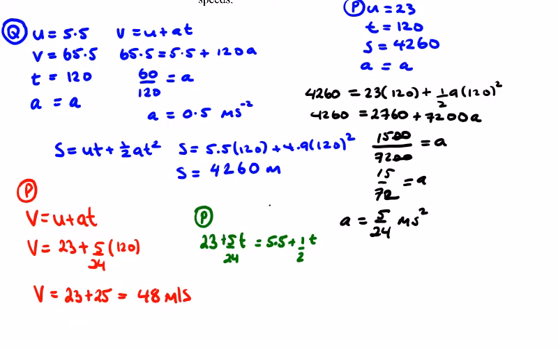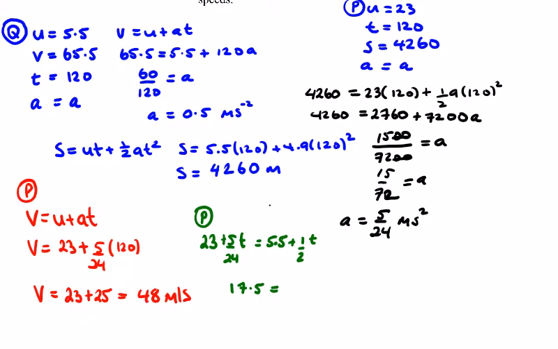So you can solve this down. Let me just do it on a calculator. I'll bring the 5.5 across. So I get 17.5 is equal to a half t minus 5 over 24 t.